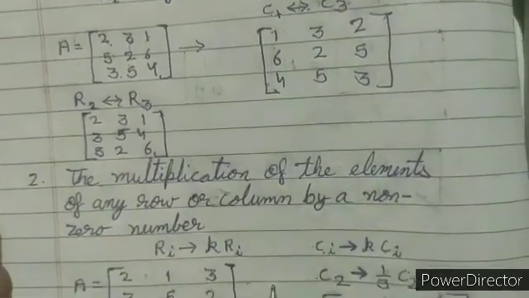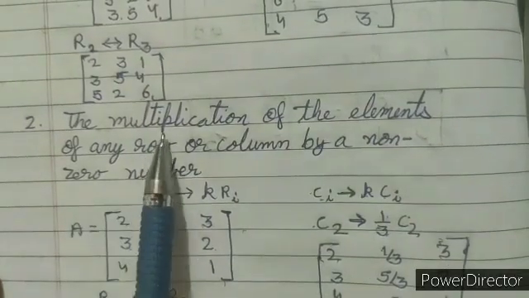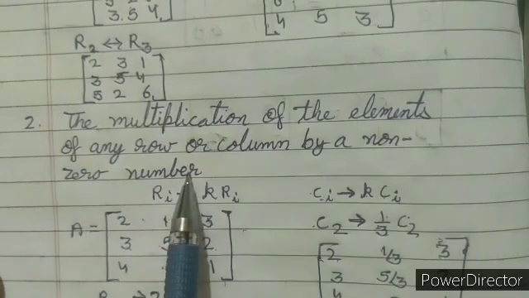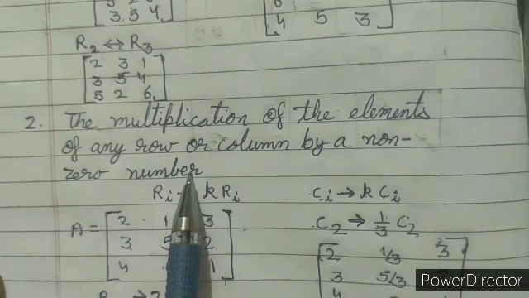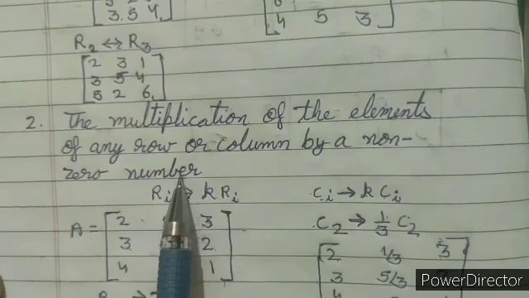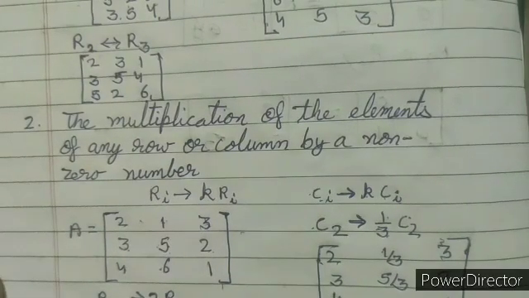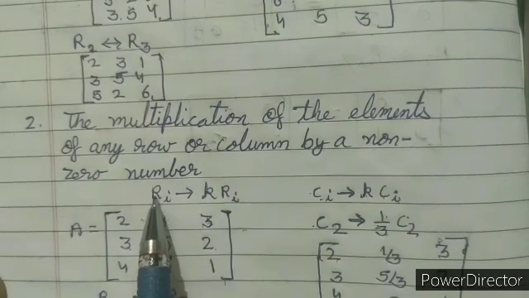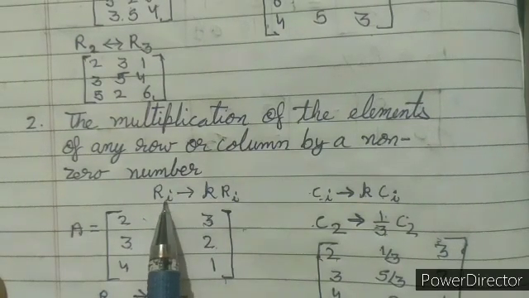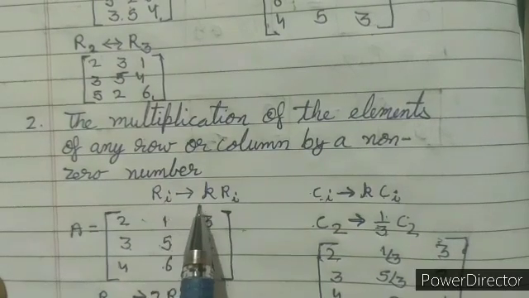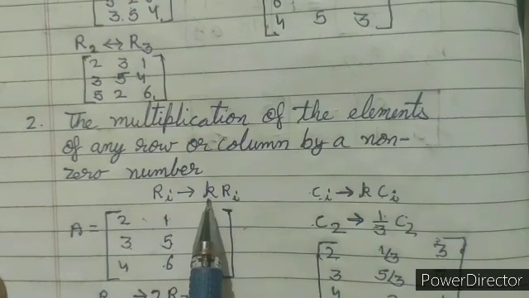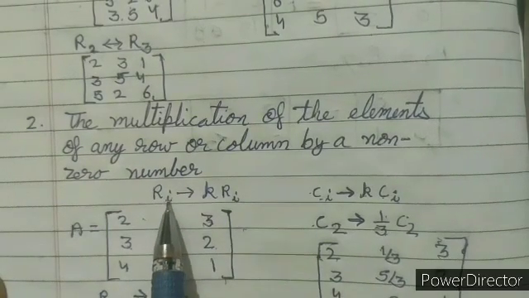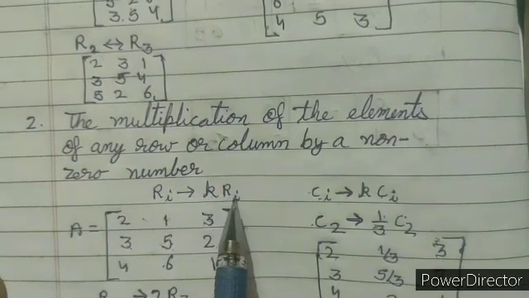Now the second elementary transformation is the multiplication of the elements of any row or column by a non-zero number. So we can multiply the elements of any row or column by a non-zero number. If we are changing the ith row by multiplying it by a non-zero number k, then it will be represented as Ri changed to k into Ri.